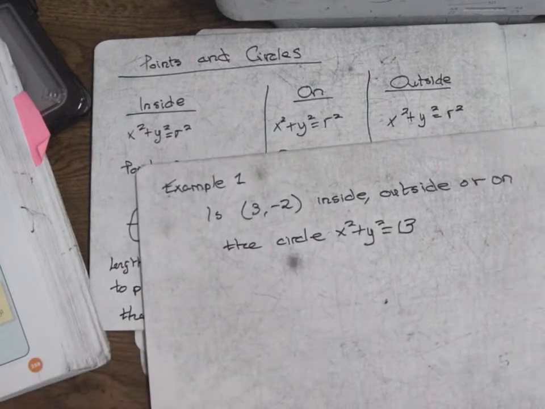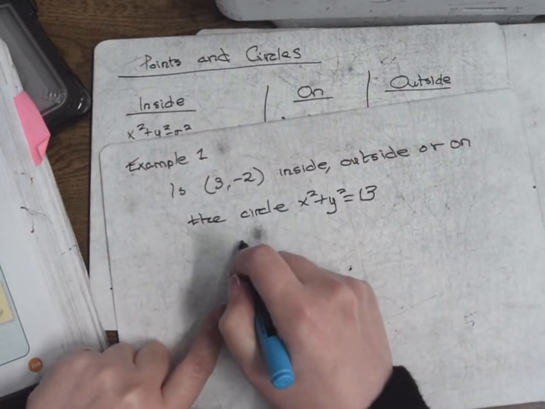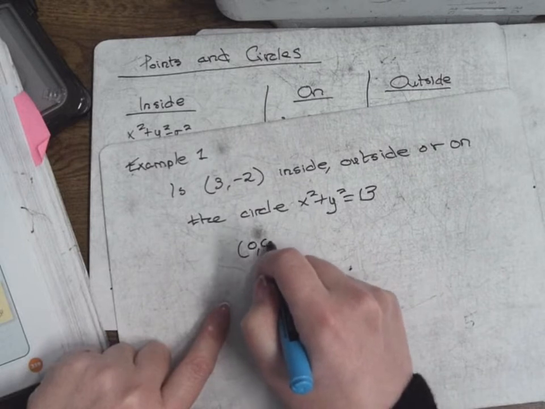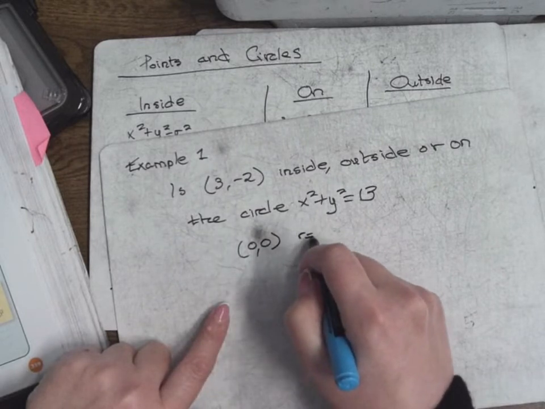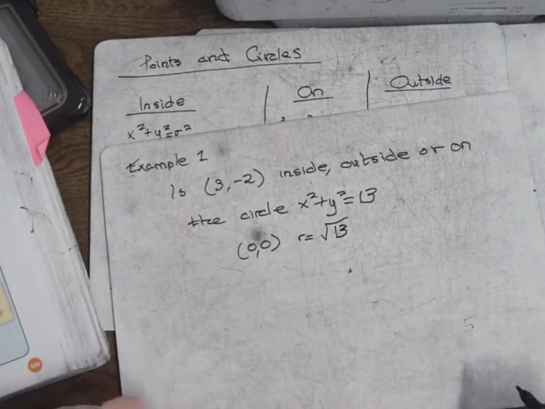Before we start, write down the centre of that circle. What's the centre of that circle? 0, 0. What's the radius of that circle? Square root of 13. Is that right?